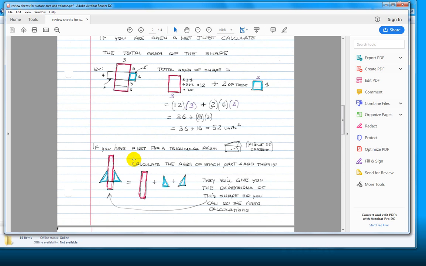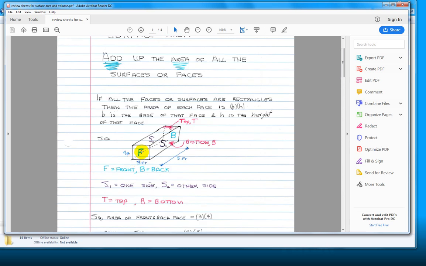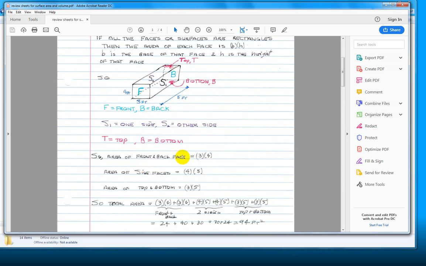If these things are cubes, where the length and the height and the width are the same, then it's really, really easy, because all of these faces have the same area, so it's 6 times the area of one of the faces.